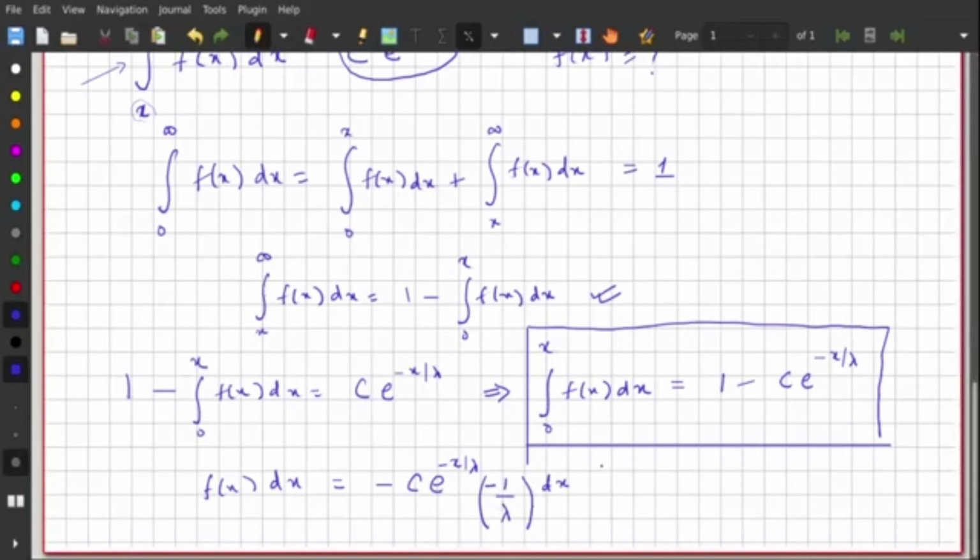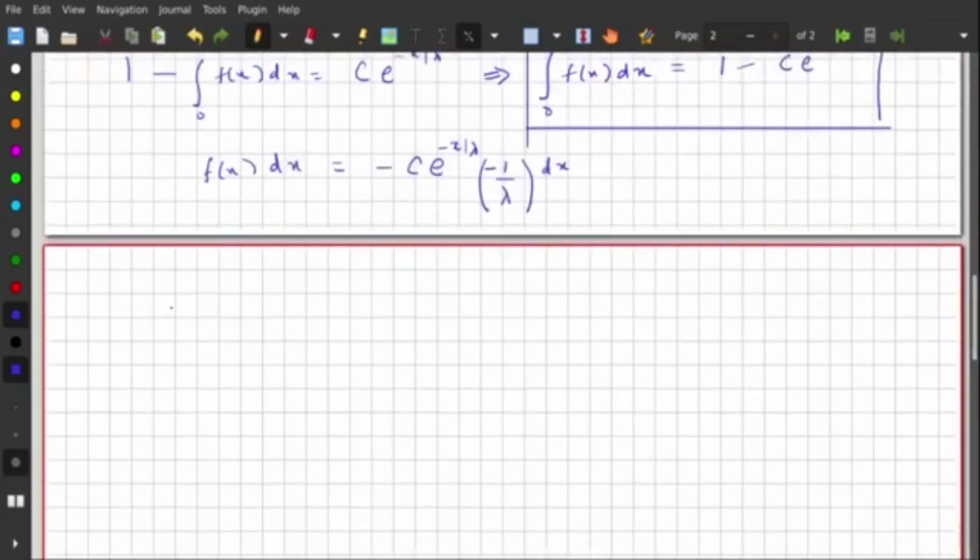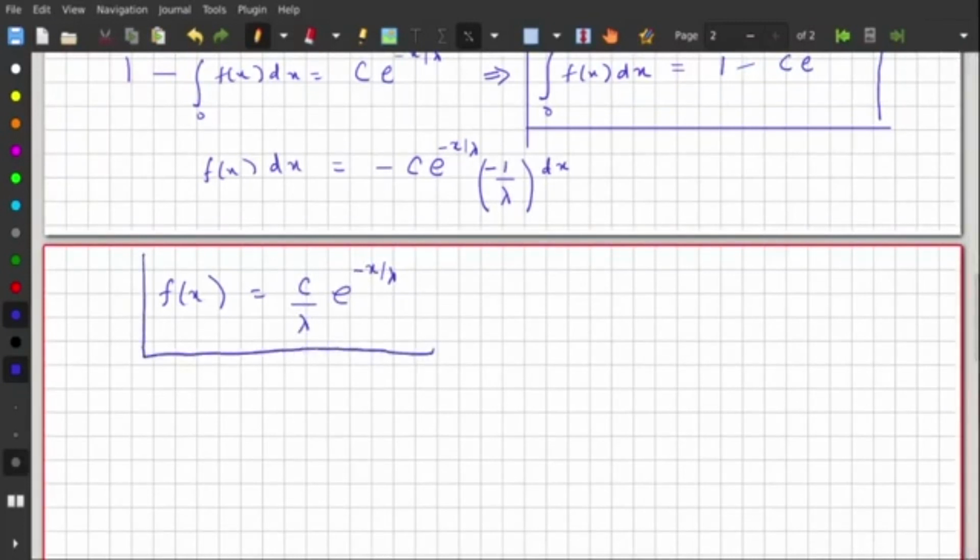So what we get from here is f of x equals c over lambda e to the minus x by lambda. So we found the probability density function and how it looks.